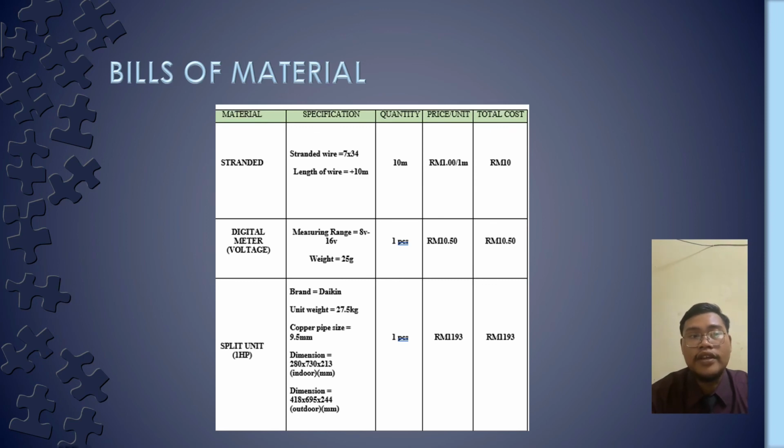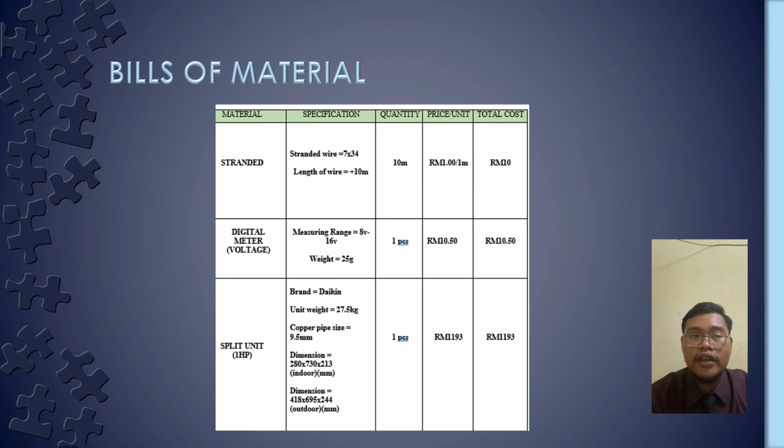And then we use a digital meter. The measuring range for the digital meter is 8 volt until 16 volt with a weight of 25 gram. We only use 1 piece, and the price is 10 and a half ringgit.